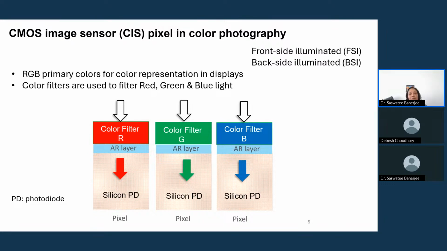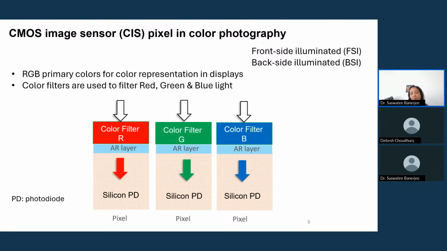Now, silicon actually has a high refractive index. As we discussed about the interfaces, light is coming from outside, and because of the color representation, we need to have different filters.